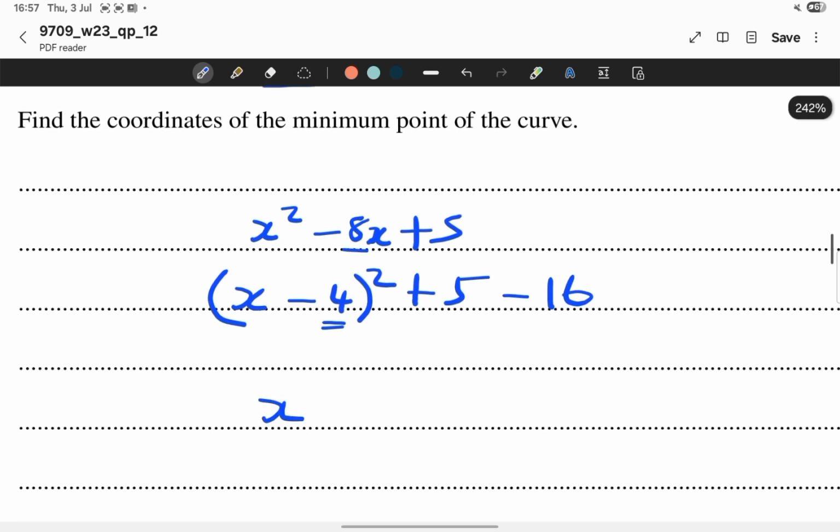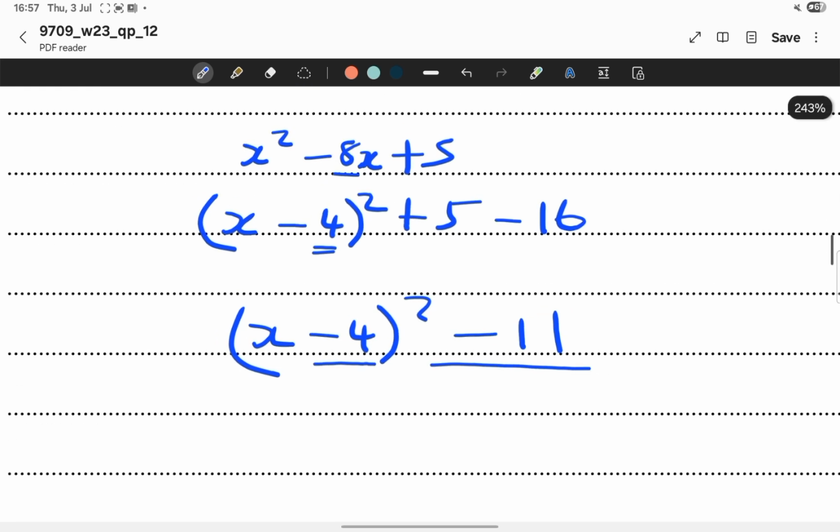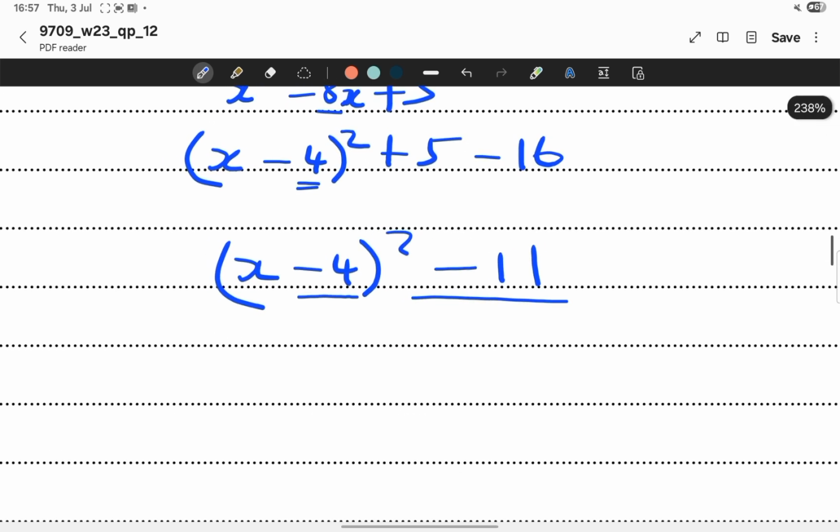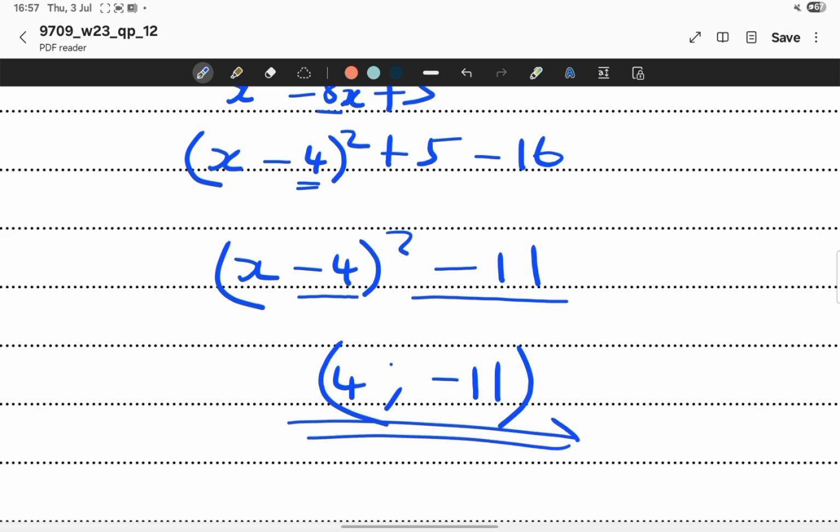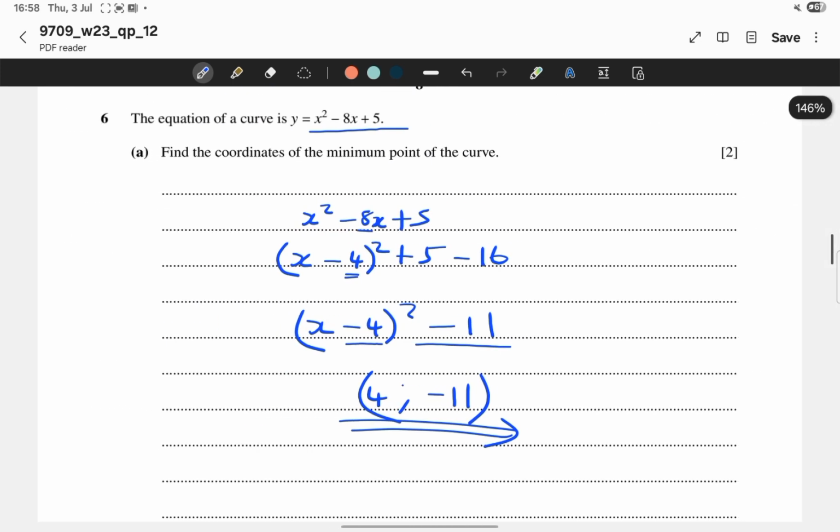That will be x minus 4 squared minus 11. So minus this will be our x coordinate and this will be our y coordinate. So the coordinate of the minimum point is minus this, which is 4, and minus 11. And these are the coordinates of the minimum point of the curve.